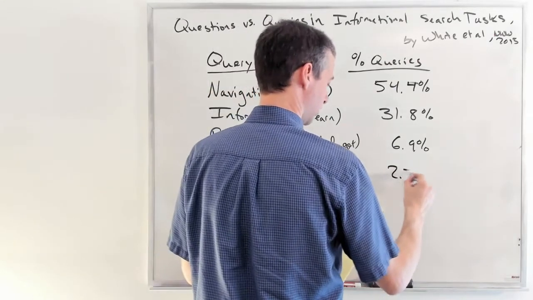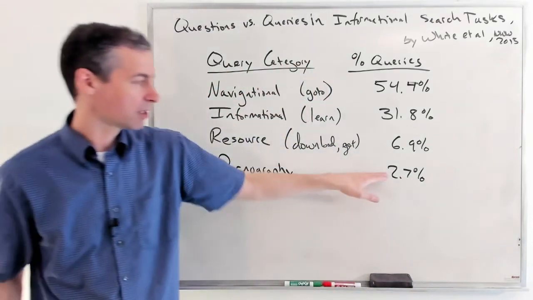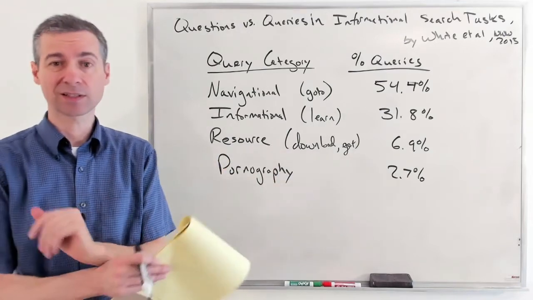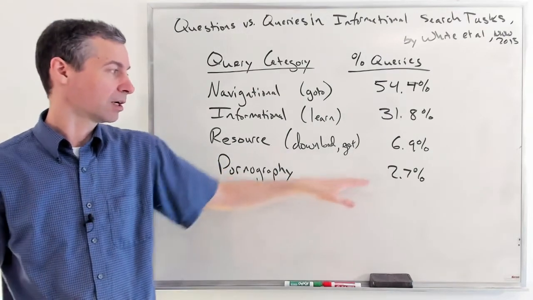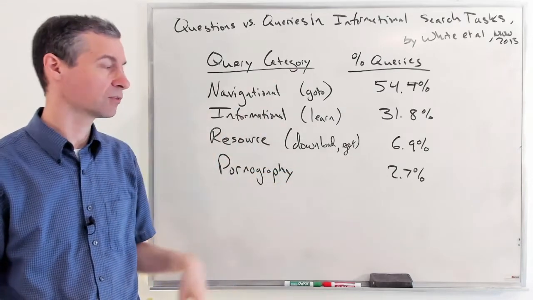Then there are some queries where people are looking for pornography, and these make up 2.7%. What is interesting about this percentage is that in the early days of web search engines, I believe it was much higher out of the total percentage of the searching.